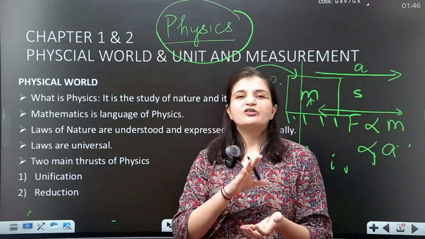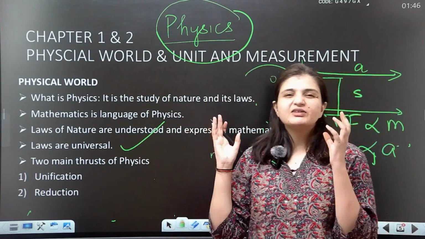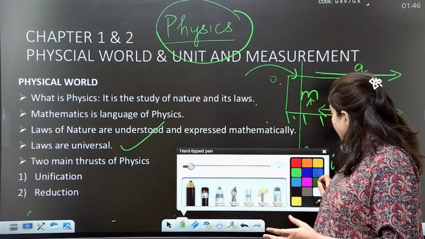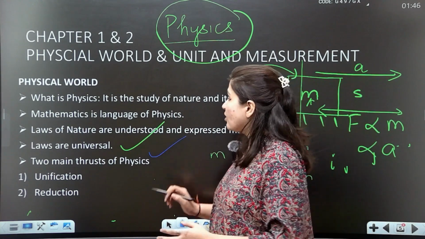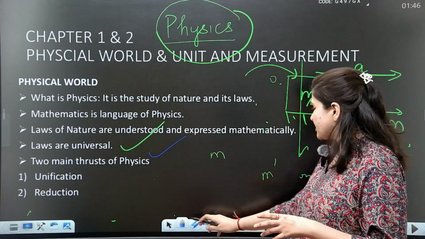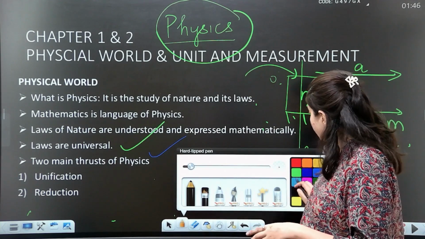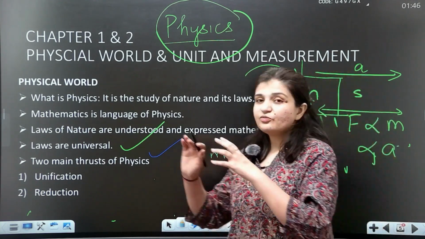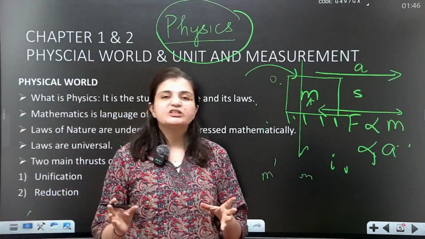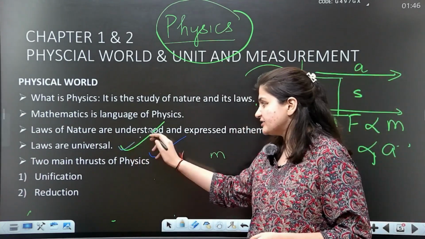Whatever physics laws we come across, they are not applicable to only a certain universe. They are applicable to all of nature in this world. It is not valid in only one part of the region, it is valid in all parts of the region.